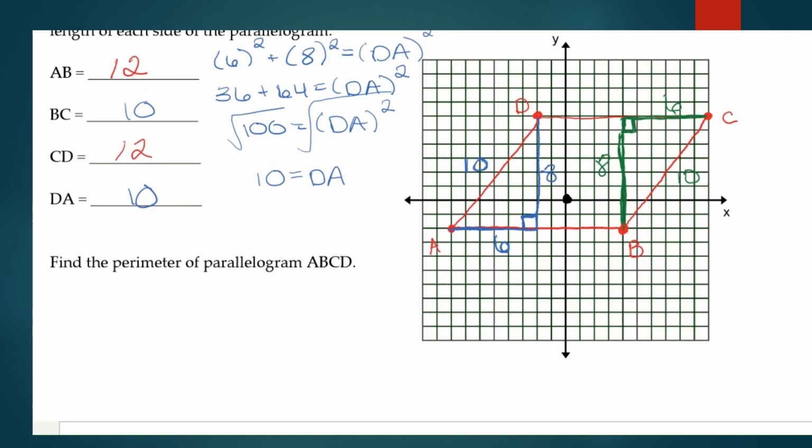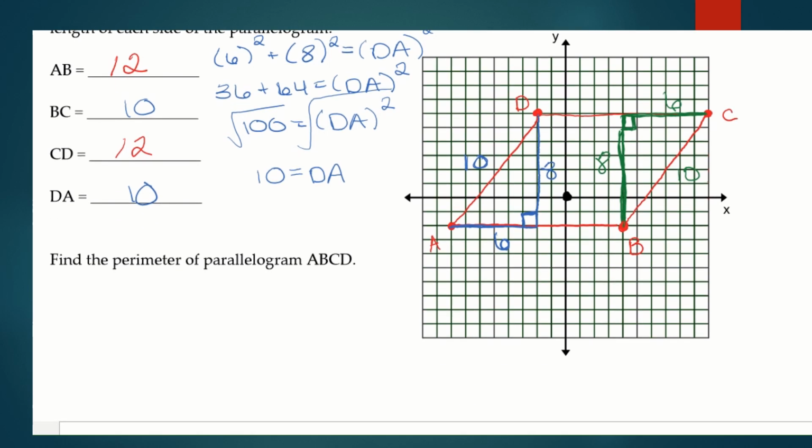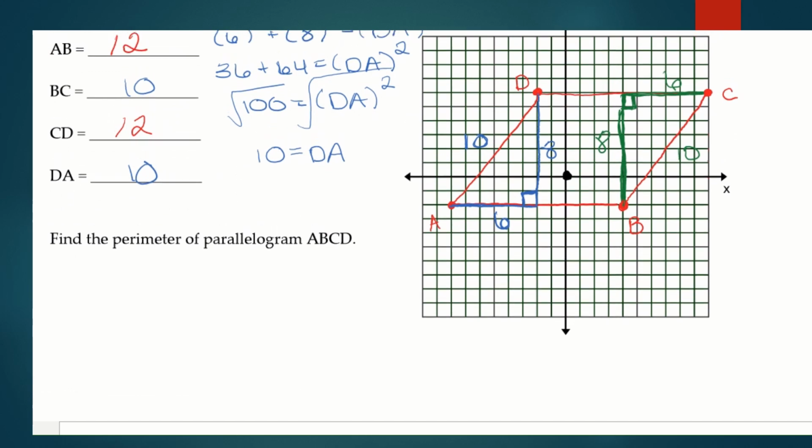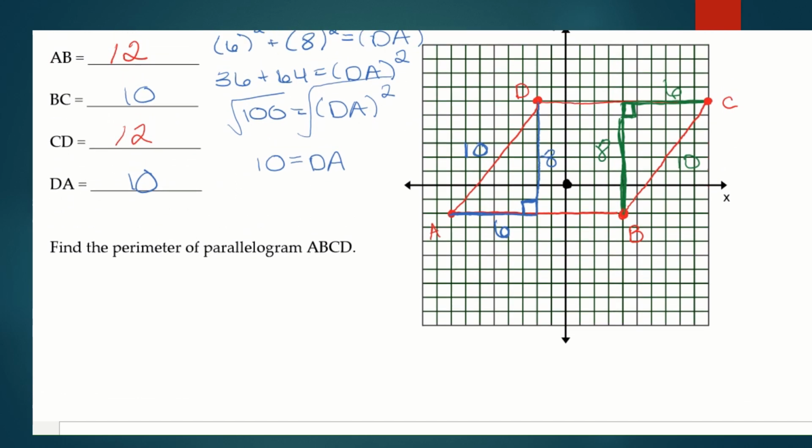Now, the next question, so it's just a little follow-up question. It says find the perimeter of parallelogram ABCD. So remember, whenever you're looking at the perimeter, it wants you to add all the sides together. So we're going to add AB plus BC plus CD plus DA.